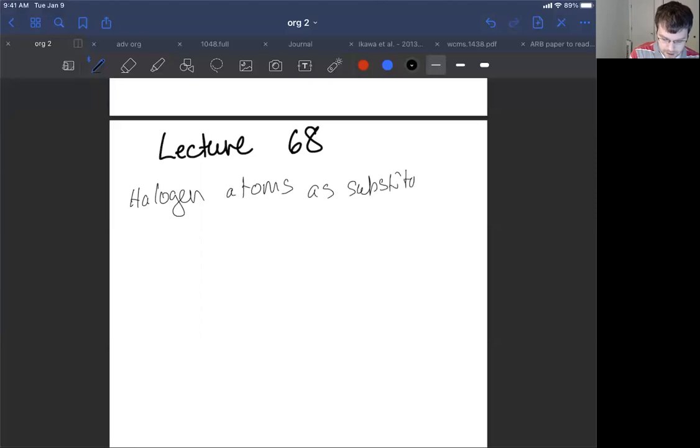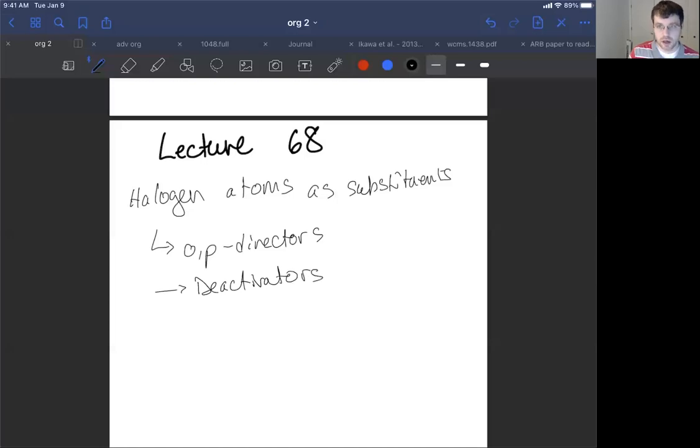They are, first of all, consistent with what we were looking at last time, ortho-para directors, but they're also deactivators in EAS reactions, electrophilic aromatic substitution reactions, which this combination is unusual.